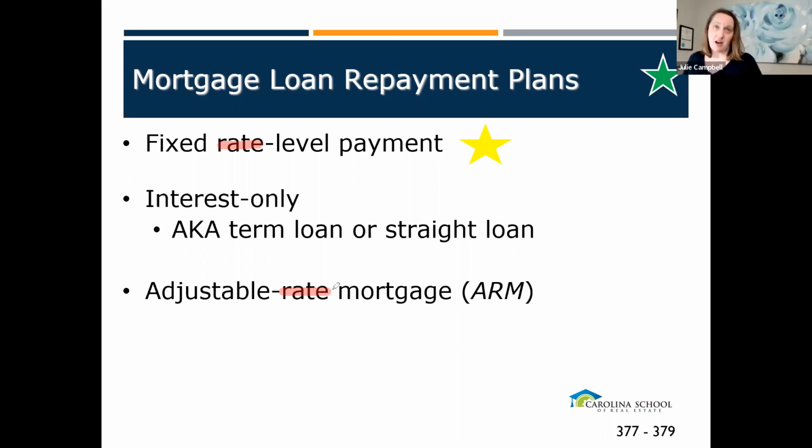How does it fluctuate? How much does it go up and down? It's all spelled out in your promissory note. So an adjustable rate means your interest rate fluctuates, which means your payments fluctuate.